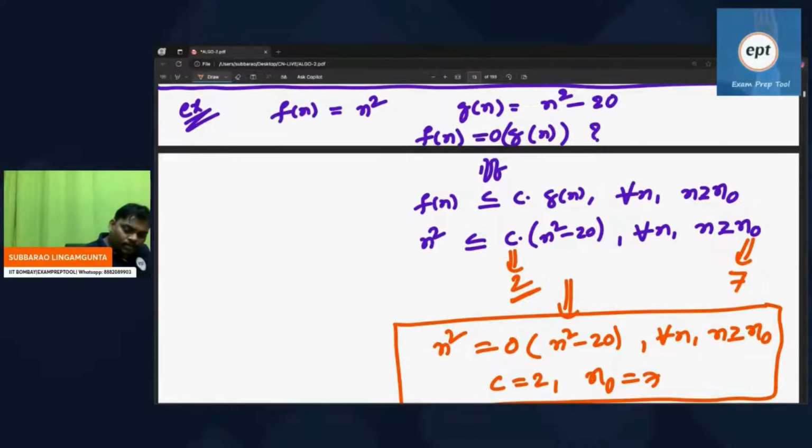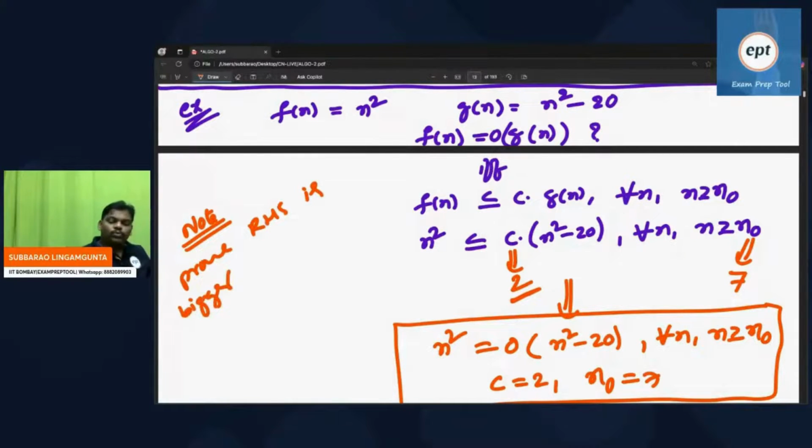Some people are asking, what is big O? Prove that the right hand side is bigger with the help of C, where C means a constant.